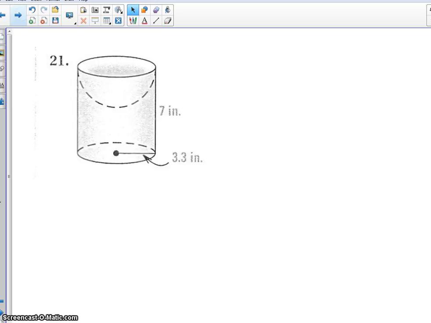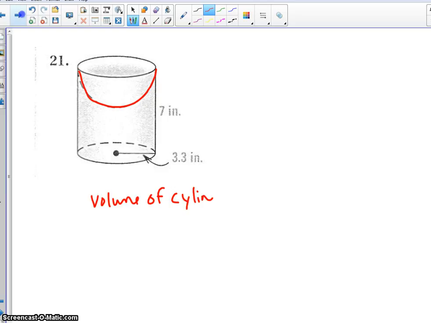What you are seeing is the whole shape is a cylinder, and this little dotted line on the inside is what they're using to show you they cut out half of a sphere out of the top. So the plan, like we've done before, is you find the volume of the cylinder, and then we're going to subtract off the half a sphere.